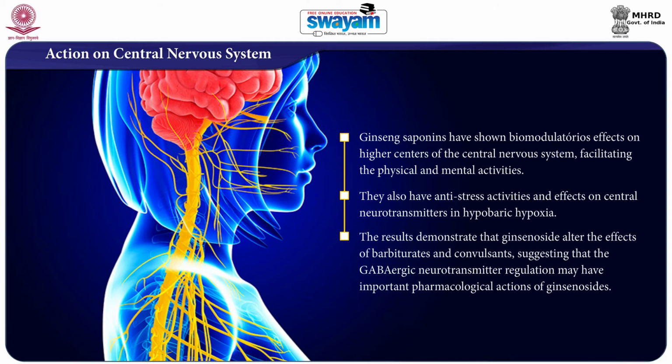The results demonstrated that ginsenosides alter the effect of barbiturates and convulsants, suggesting that GABAergic neurotransmitter regulation may have important pharmacological action of ginsenosides. Let us now understand the toxic effect of saponins.